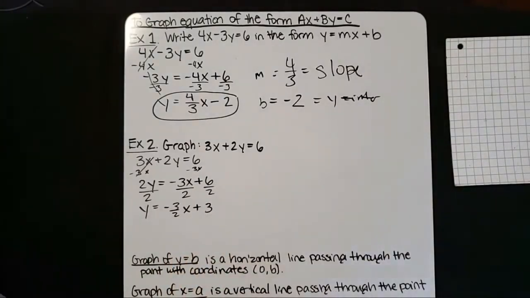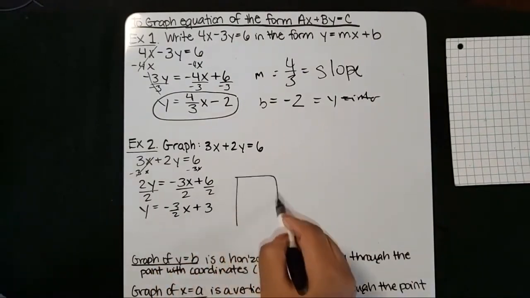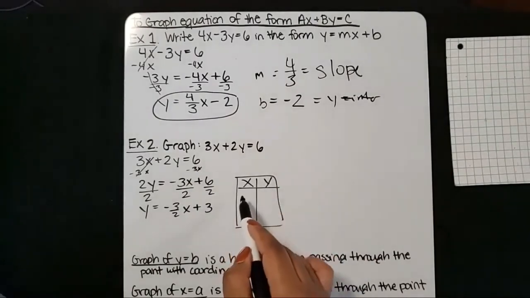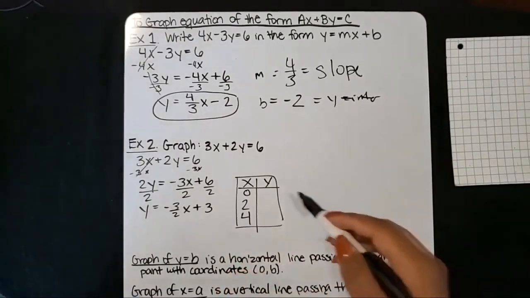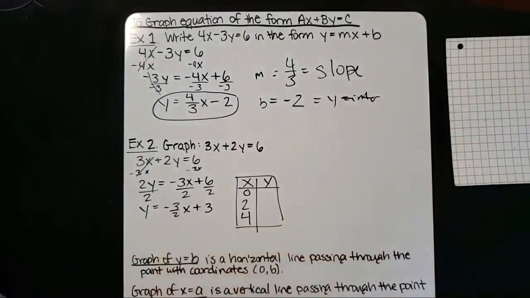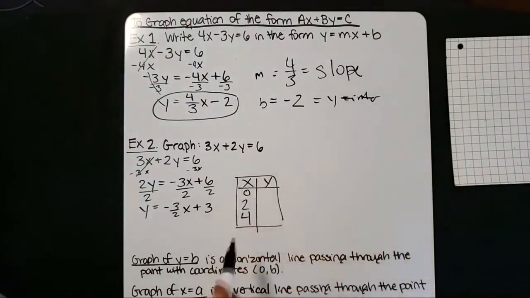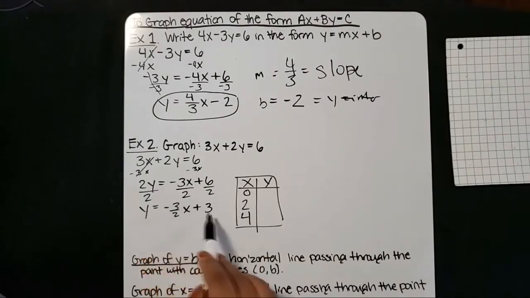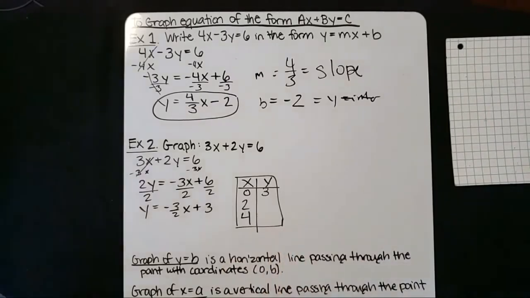So if we do a table, because we have the denominator of 2, we can do 0, 2, and 4 because we want something that will cancel out that fraction. So if I plug a 0 in for x, all of this will be 0 and y will equal 3. So that gives us the point 0, 3.